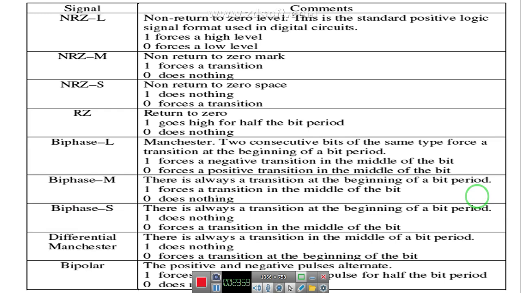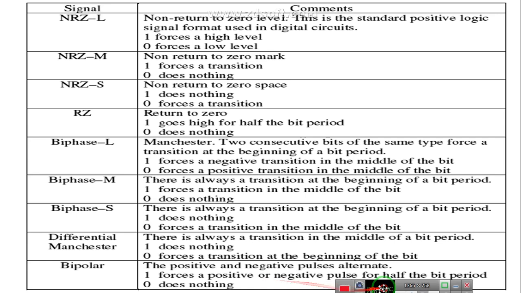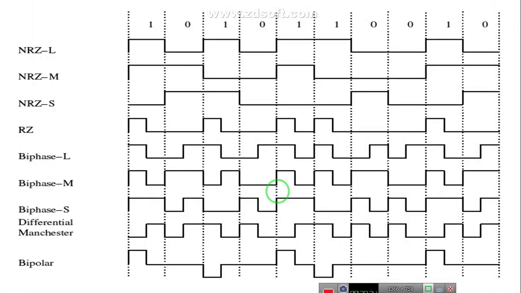Here is the overall chart that has been given to you. You can see on this screen how NRZ-L, NRZ-M and NRZ-S take place. What about RZ and biphase? What we have seen is just a summary of that chart. And these are the overall line diagrams.